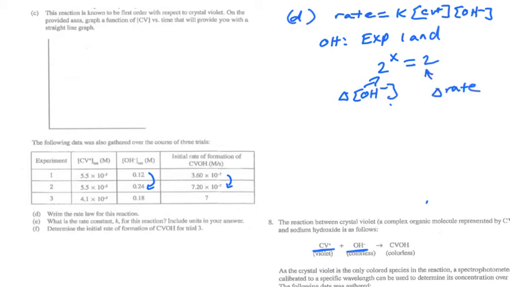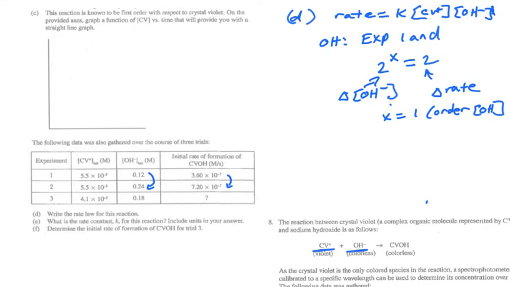And so x equals 1, and that is the order for hydroxide. So we can put that up there now. That's a 1. Well, that's not very neat.